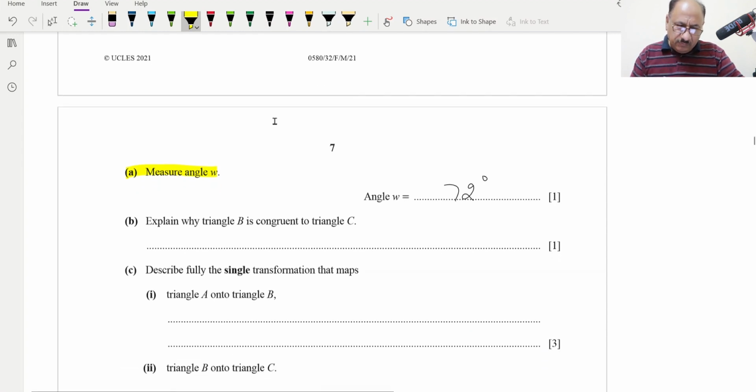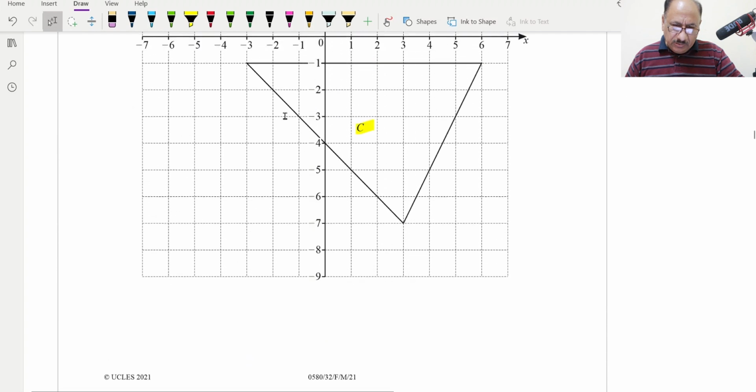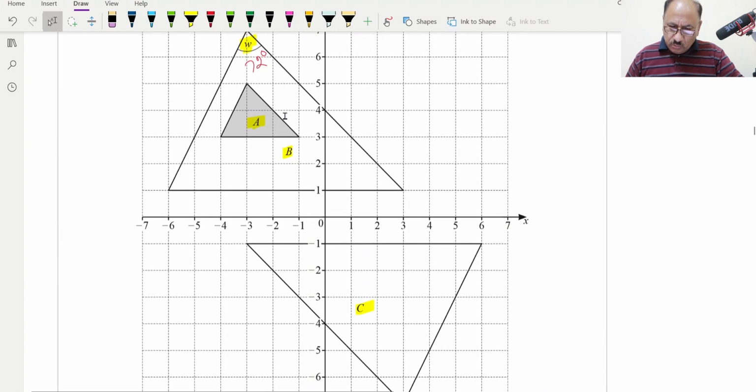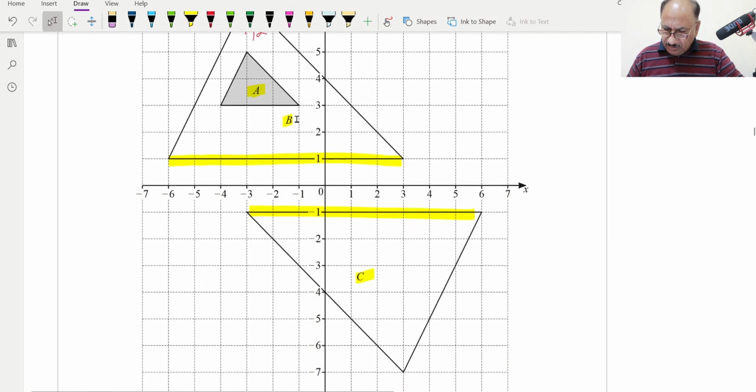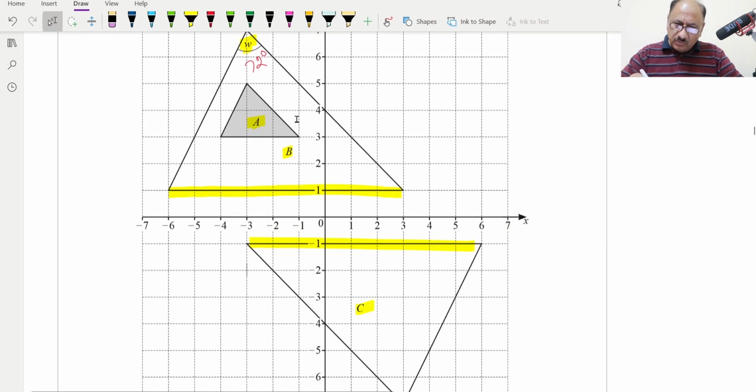Then the second thing we are supposed to do is part B. Explain why triangle B is congruent to triangle C. So we can check B and C. Corresponding sides: this side is corresponding to this side. If you count the units, 1, 2, 3, 4, 5, 6, 7, 8, 9 units, both are 9 units. Similarly, if we measure the other corresponding sides, this side is corresponding to this side and this side is corresponding to this one.